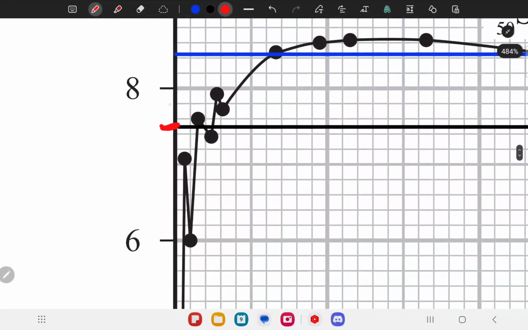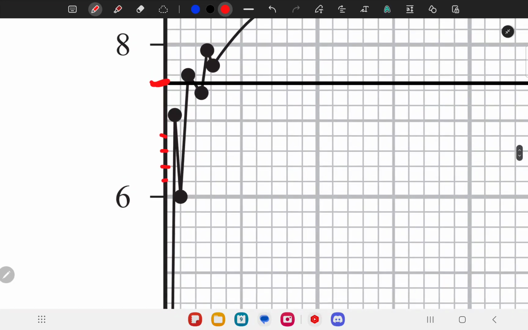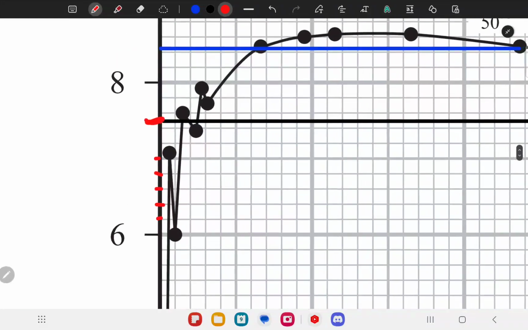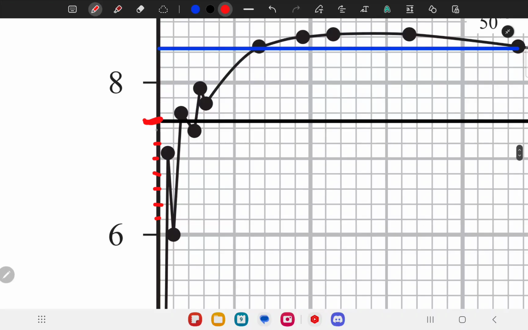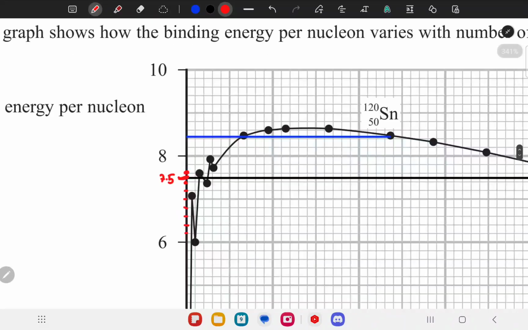Going up from here, this would be 6.2, 6.4, 6.6, 6.8, 7, 7.2, 7.4, 7.6 is over here. So in the middle, it's 7.5 mega electron volts per nucleon.